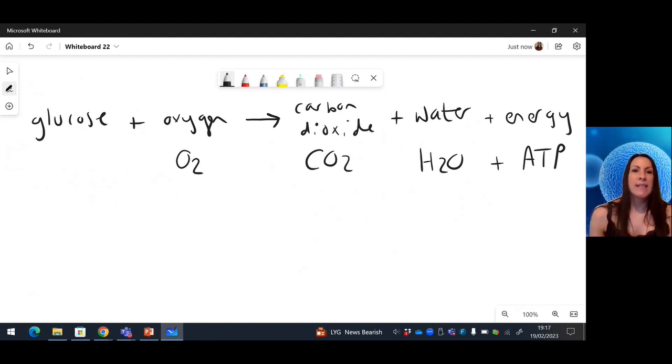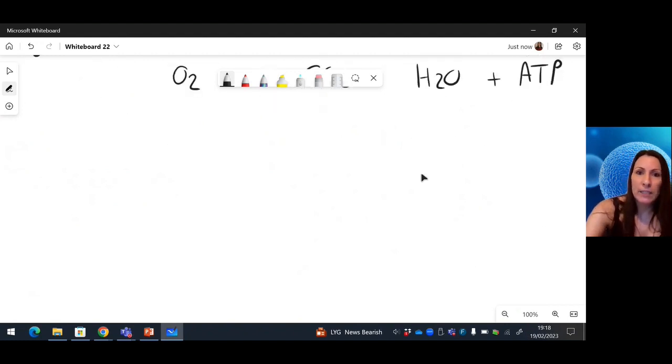But basically, cellular respiration is this: when we've taken in food, we break it down in the presence of oxygen, and we produce the waste product carbon dioxide plus water plus ATP, which is the energy currency of all our cells. This process is happening all the time in our bodies, and it's essential for life.